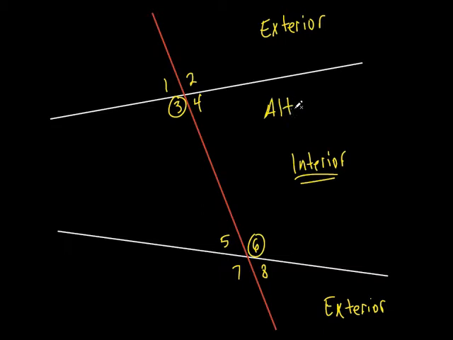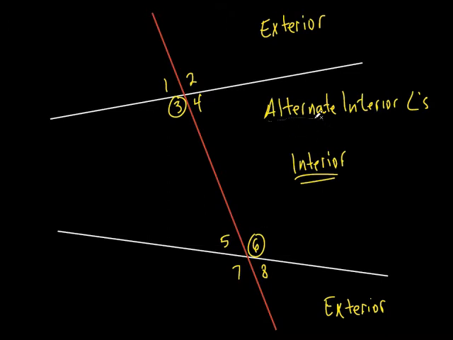Let's write that down. Alternate interior, and then I'll just put the symbol for angles. They're alternate interior angles. So, can 1, 2, 7, and 8 be alternate interior angles? Why not? Because they're exterior angles, right? So the only ones that possibly could be alternate interior angles would be 3, 4, 5, and 6.